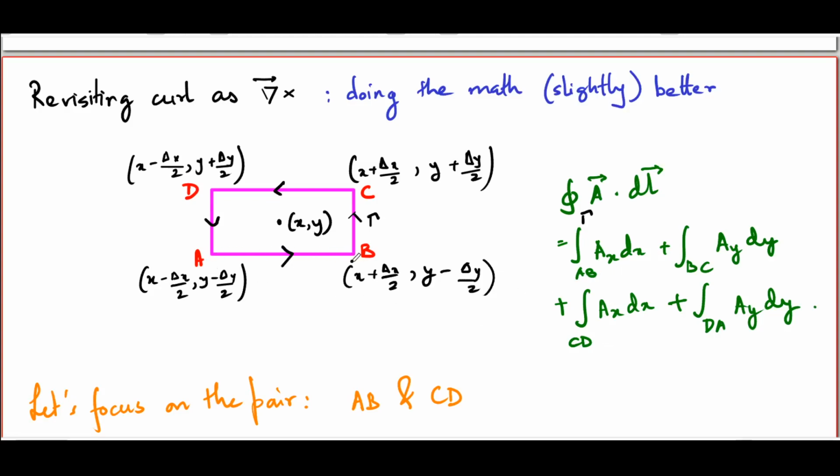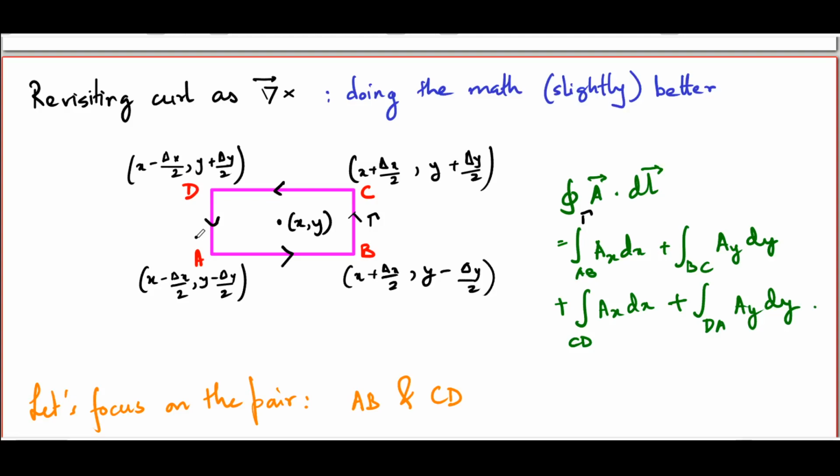The contribution from AB, since AB is in the i hat direction, that is in the x direction, A·dl there just became Ax dx. A·dl here became Ay dy, for the same reason, dl essentially is in the y direction. Here you have Ax dx again, but with x decreasing over CD, and Ay dy again with y decreasing for DA.